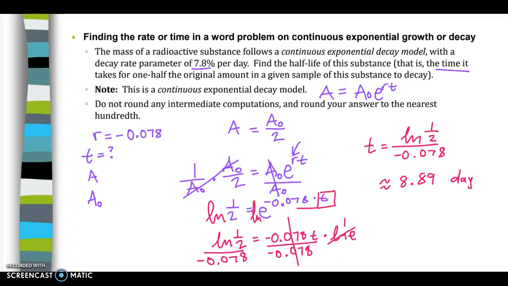So no matter how much of the substance we have, this radioactive substance, it's going to take almost 9 days for it to be reduced in half. So that is a video on finding the rate or time in a word problem on continuous exponential growth or decay.